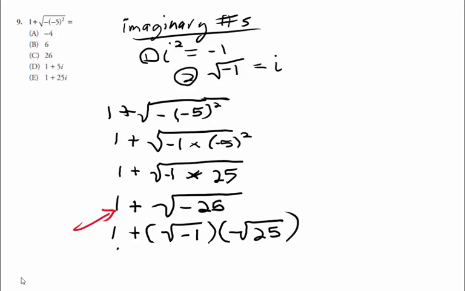Okay, now we have 1 plus, what did we say this was? i. And then this would be 5. So 1 plus i5, or 5i. D is our answer. Great job.